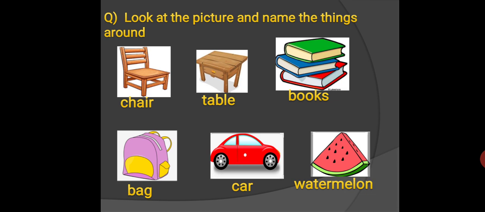So the example for the first category, that is the name of a person. For example, as I have told you before, in the family there are many people. Many people are surrounded by you, and each one of them has a different name. Some are boys, some are girls. Some boys have the same names but their habits are different.